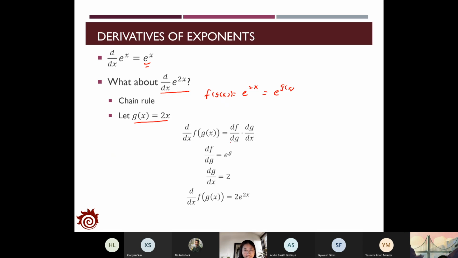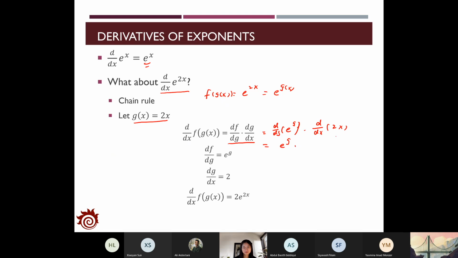And with the chain rule, the first order derivative will be df/dg, which is e^g, times dg/dx. g(x) is 2x, so you can quickly get the result for the first one as e^g.